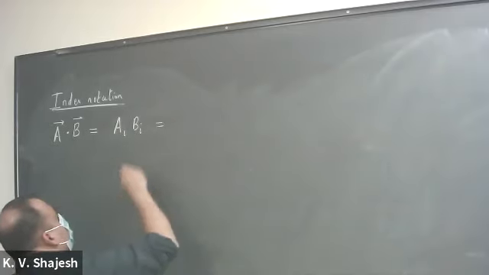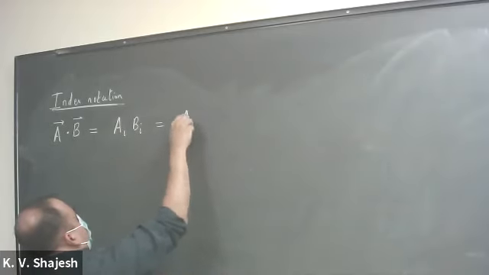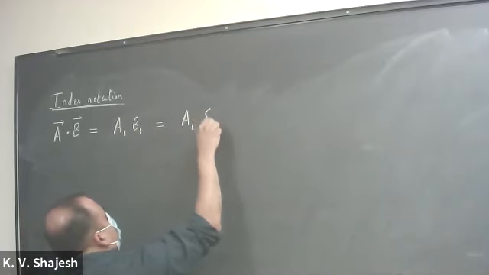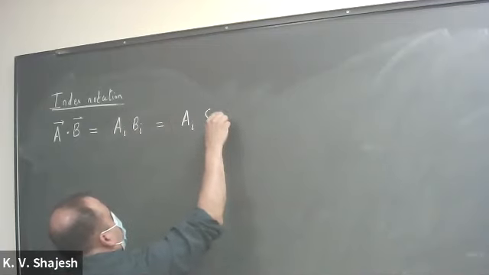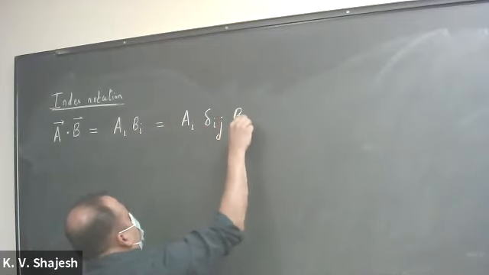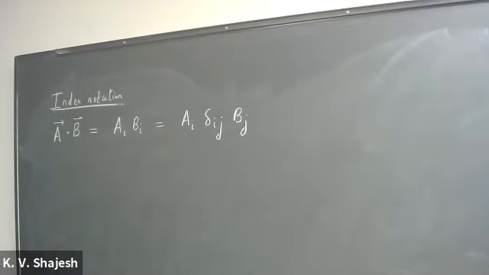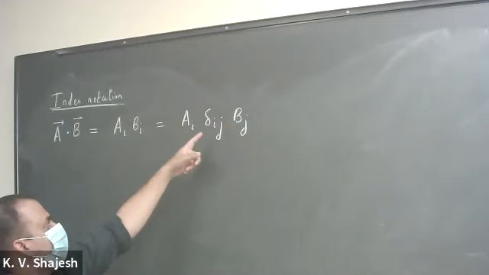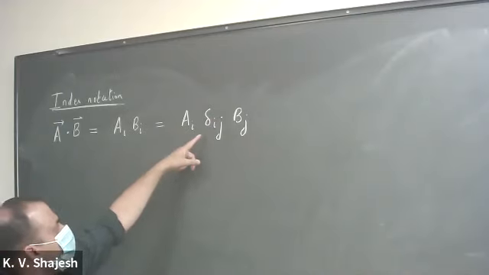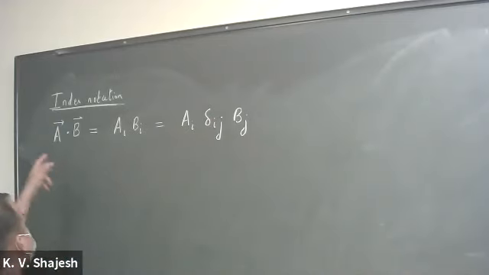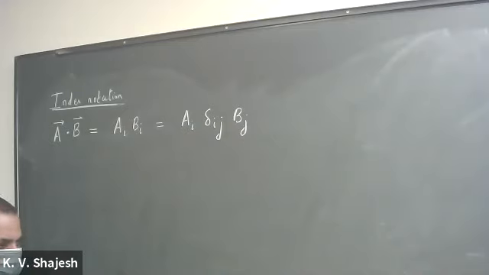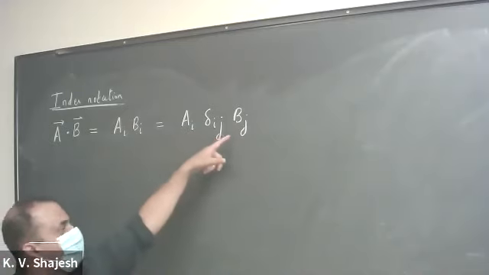This is also, in terms of a second rank tensor, written as a_i delta_ij b_j. So now there is summation over 2 indices. There are various ways of looking at it. Algebraically, this is just a1 b1 plus a2 b2 plus a3 b3. Sometimes the algebra gives you more insight if you see this as a matrix multiplication.